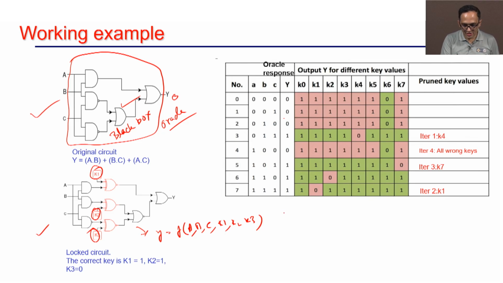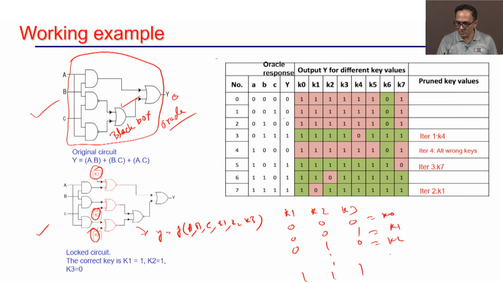Now since there are 3 key bits, K1, K2 and K3, there are 8 possible values, 000, 001, 010 up to 111. This I am calling K0, this is K1, this is K2, up to K7, right. K0 means 000, K1 means 001, K2 means 010 and so on, right.